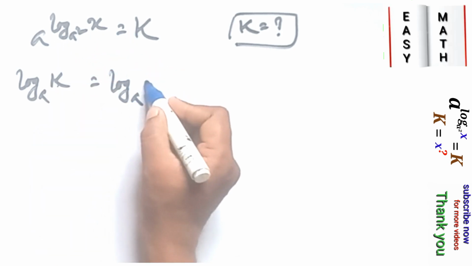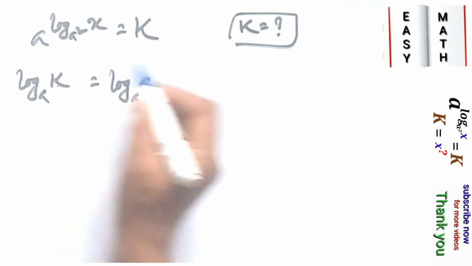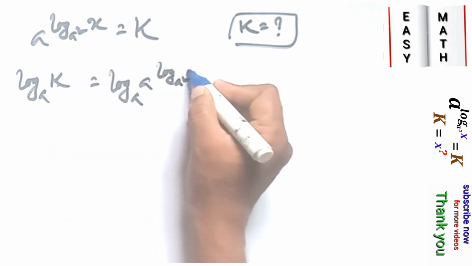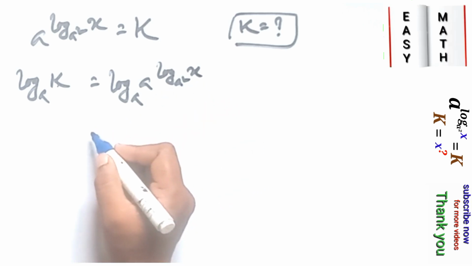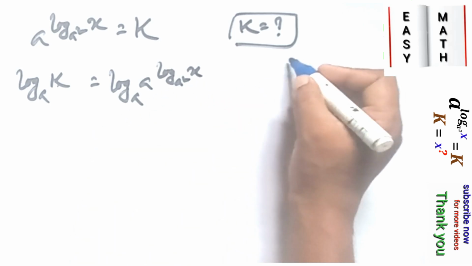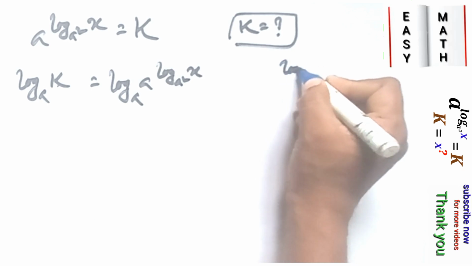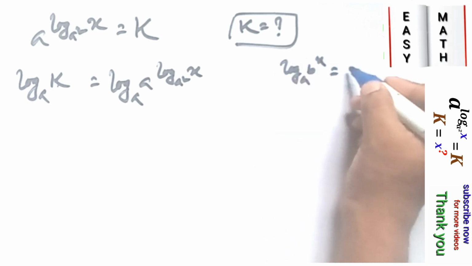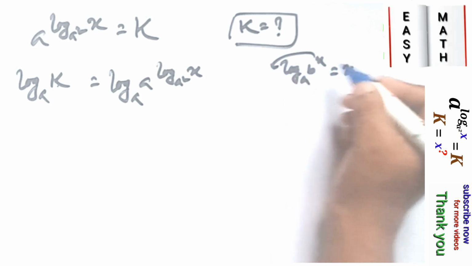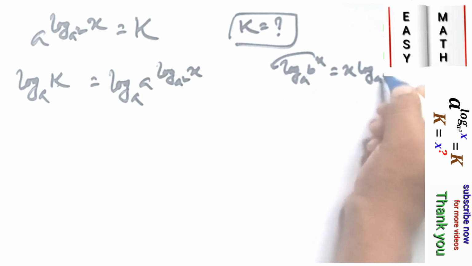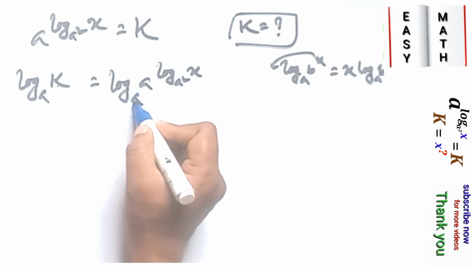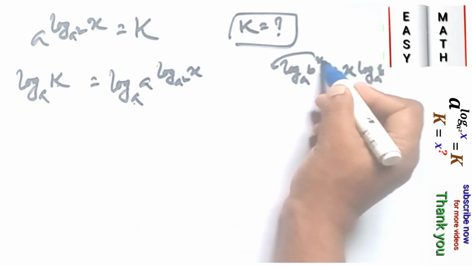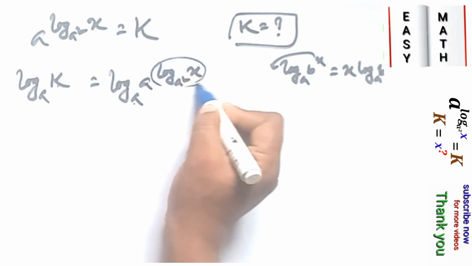So log a, and log a square x, and we know the log a base b x, we know the x is here, so log a b, and this is the log base a, and this is a, and this is the same x, so this is total is here.